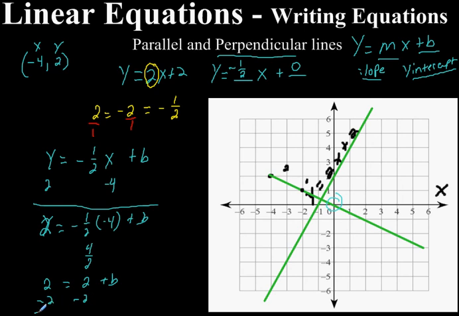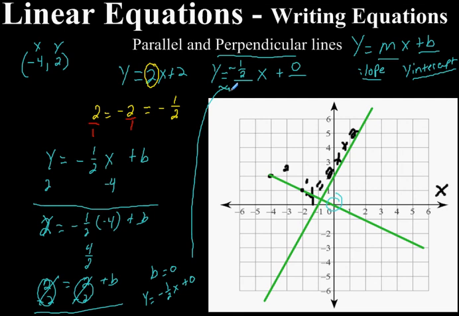Subtract 2 on both sides, and that goes to 0, that goes to 0, so then b must be equal to 0, giving us the equation y is equal to -1/2 x plus 0, which is the same as what will be found up there. That's how you find parallel and perpendicular lines.